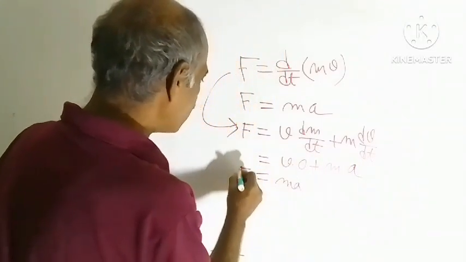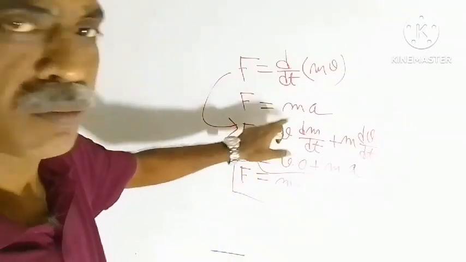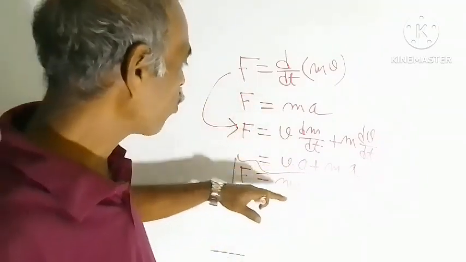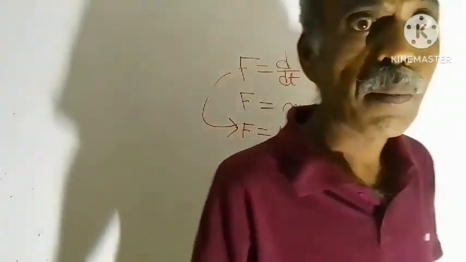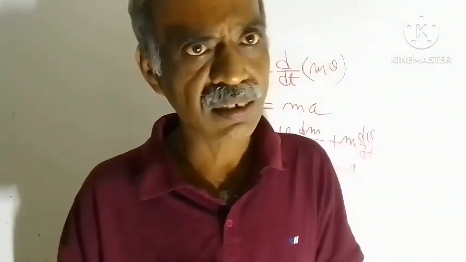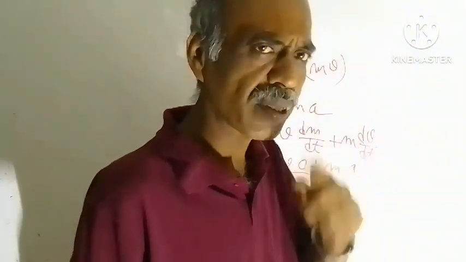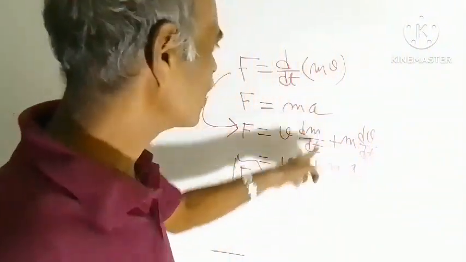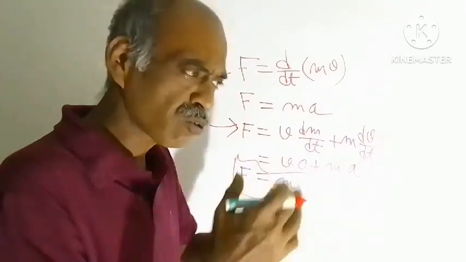So what we have got? We have got F is equal to ma, this form. This form can be used only if mass remains constant. But if mass changes with time, not with anything else, only with time, because here dm/dt appears and no other variable is there, no spatial coordinates.